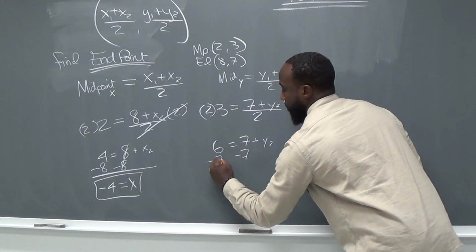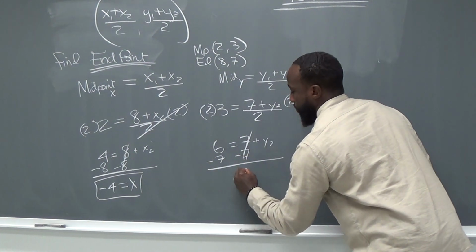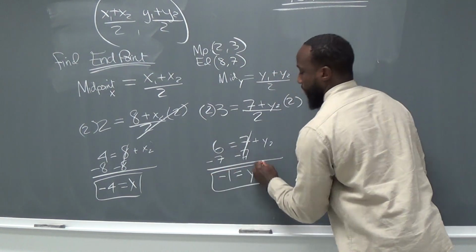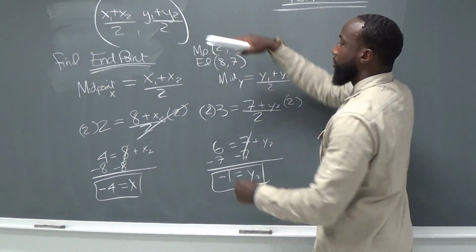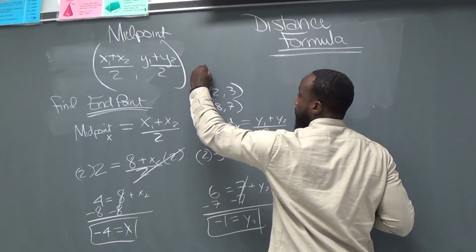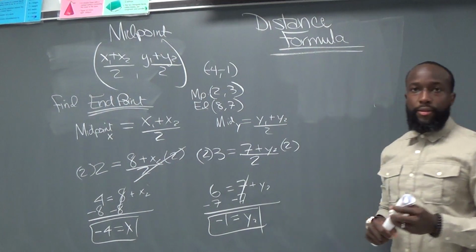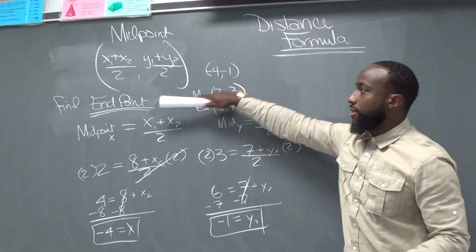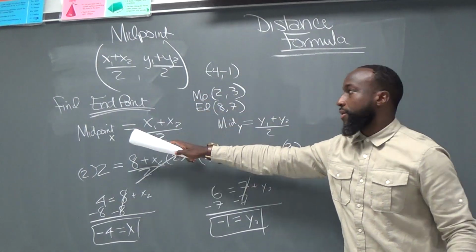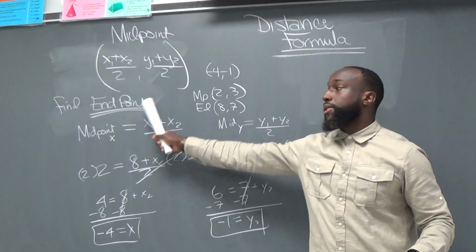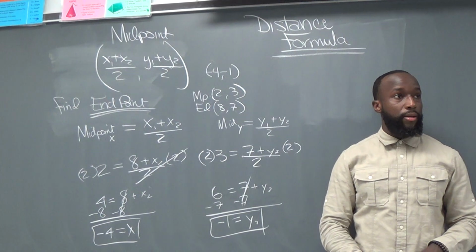Subtract by 7, so then y is -1. Therefore, the other endpoint is going to be -4, -1. That's how you find the endpoint if you're given the midpoint and an endpoint. So that's how you find the missing endpoint. We good with that? Yeah.